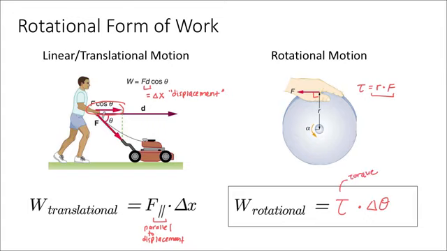In this case, we don't need to worry about a parallel component of torque because when we calculate torque, we're already considering the amount of force that is perpendicular to the lever arm, or in the direction of the wheel's displacement. So that's accounted for already. So we can use this expression to find the change in rotational kinetic energy of an object if we know how much force we're applying and the distance away from the center that we're applying it.